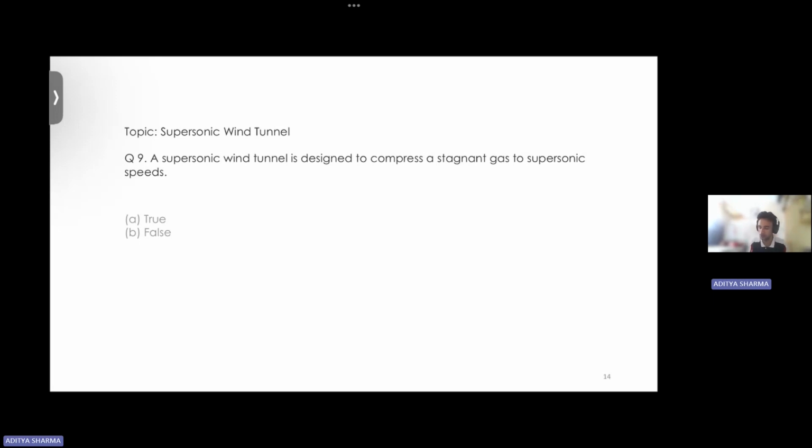The supersonic wind tunnel is designed to compress a stagnant gas to supersonic speeds. Yes, supersonic speeds has been mentioned, right? So it does something to stagnant gas so that it reaches supersonic speeds, right? But whether that process is called compression, this word is very important to notice if we wish to answer this question correctly.